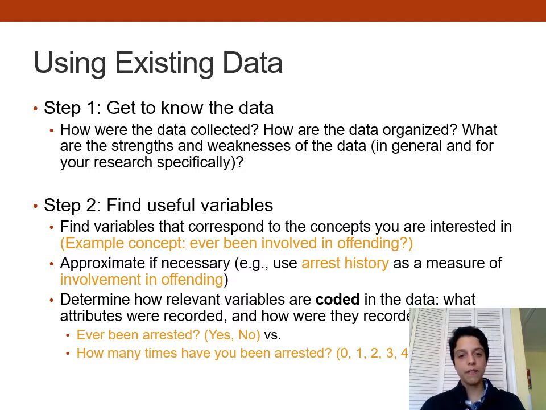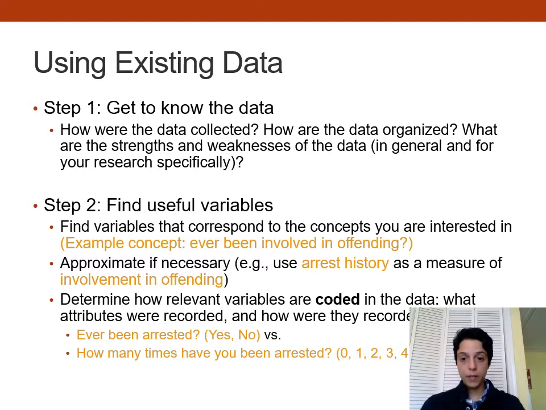So with an example of arrest history as a variable, you might download your data set, look at this arrest history variable, and find that it's coded as, have you ever been arrested? Yes or no? So that's going to tell you some amount of information. It tells you whether people have been arrested or not. You could also imagine downloading this data set, looking up the arrest history variable, and then finding a question that asks, how many times have you ever been arrested? And so that's a different question, and it's going to give you different information.